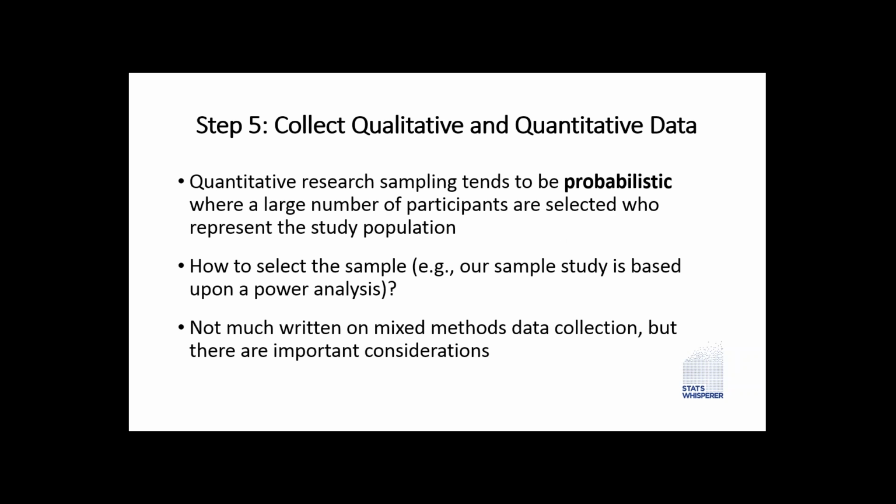Now, that differs from quantitative research, because in quantitative research the sampling is probabilistic, where we want a large number of study participants that make up our sample that reflect a larger study population. So you see the dichotomy here. One's a small group based on their experience, and the other's a larger group, so we could generalize to a study population.